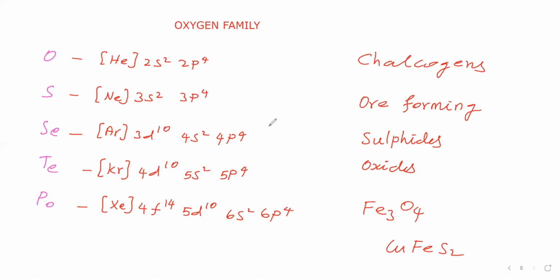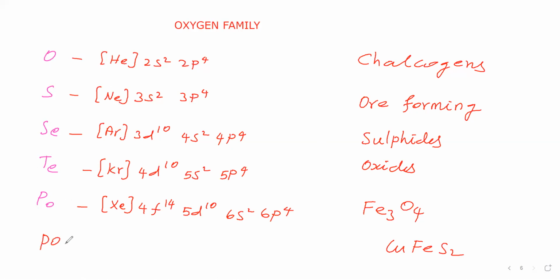Then regarding metallic and non-metallic nature: oxygen and sulfur are non-metals, selenium and tellurium are metalloids, and polonium is a radioactive metal. Next, all these elements show allotropy, that means they are polymorphic.